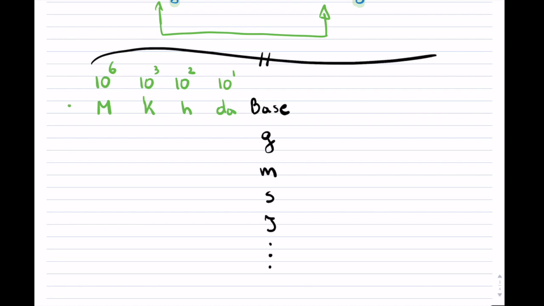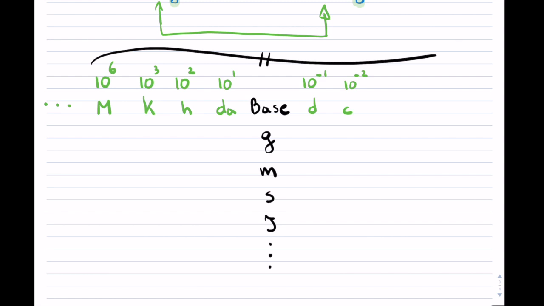And of course, these can continue. Now on the right-hand side, the prefixes were getting smaller. So we had first deci, which was 10 to the power of minus 1, which is 0.1. Then we had centi, which was 10 to the minus 2, or 0.01.